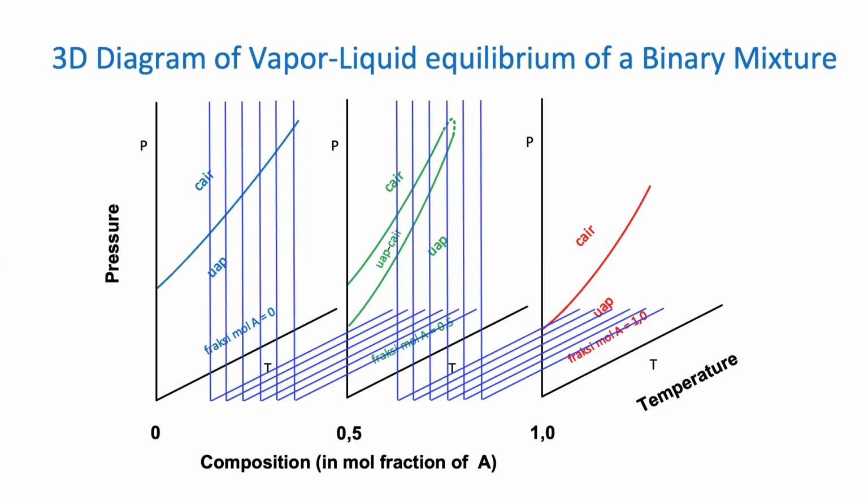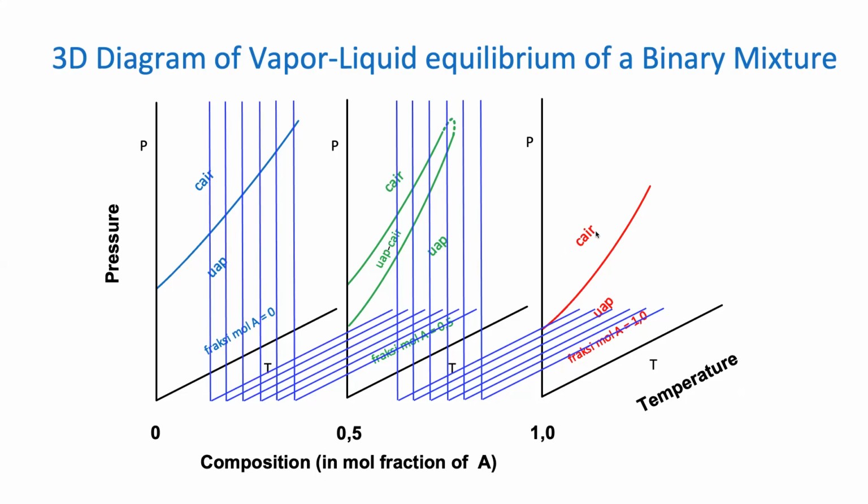Okay, or let's say this is the 100% A. So you have the red one, because 100% of A, or one here in a mole fraction. So the mole fraction of fraksi mole sama dengan 1, yeah.